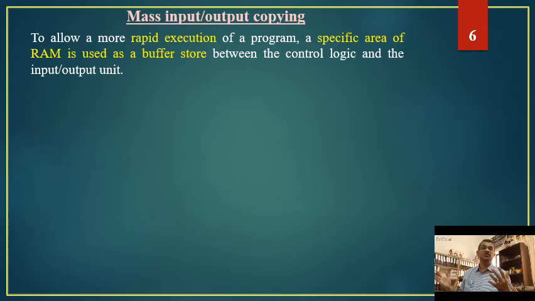For example, if we have 1000 sensors, all these sensors are accessed simultaneously. In the first instance, all these 1000 signals sent by 1000 sensors are taken by the PLC, and the PLC retains them in its RAM.